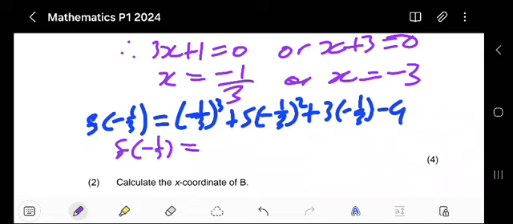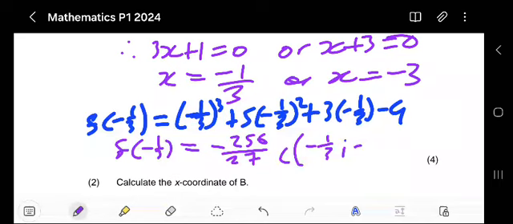Punch that in and it would be minus 256 over 27. Then we know, therefore, coordinate C is simply equal to minus 1 over 3, minus 256 over 27.